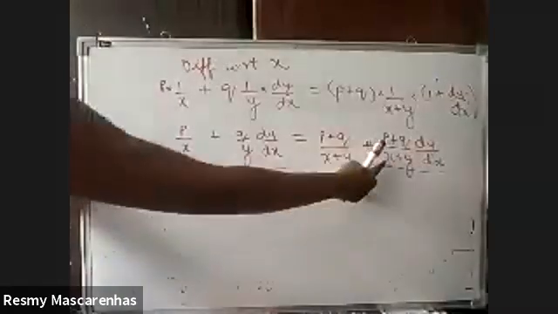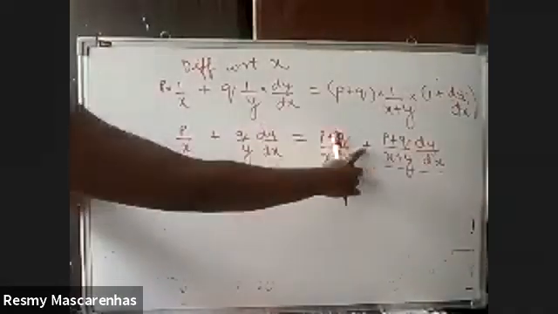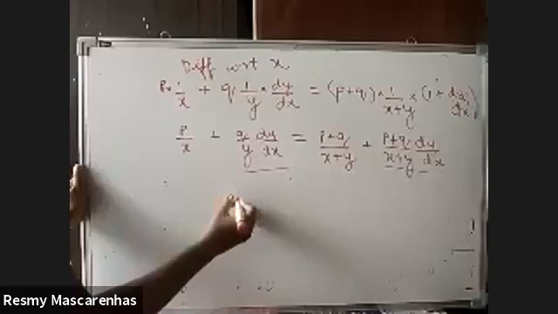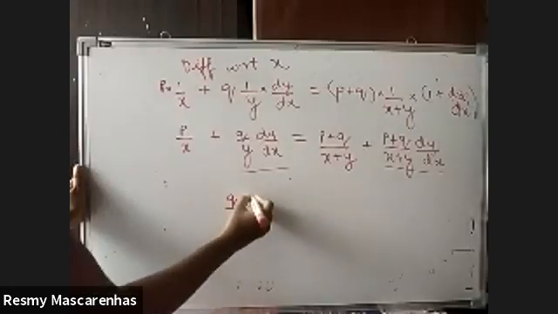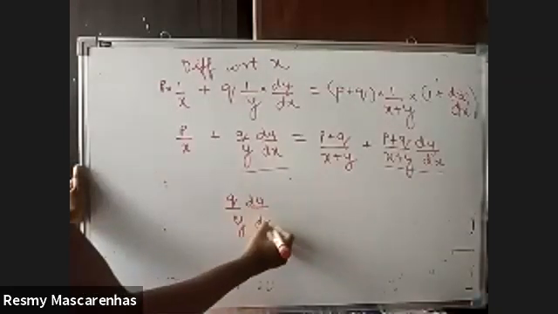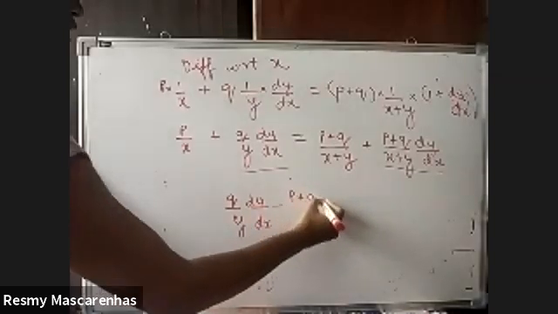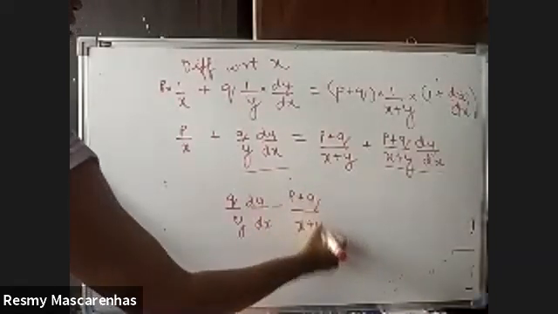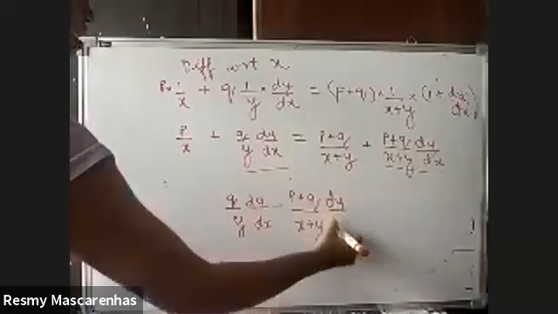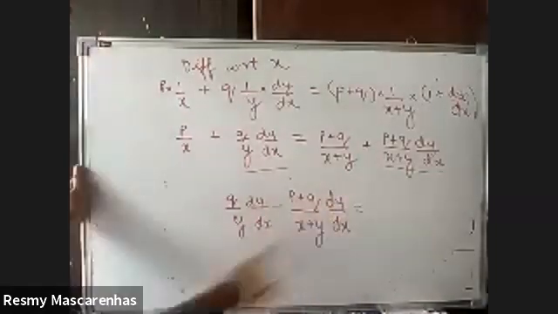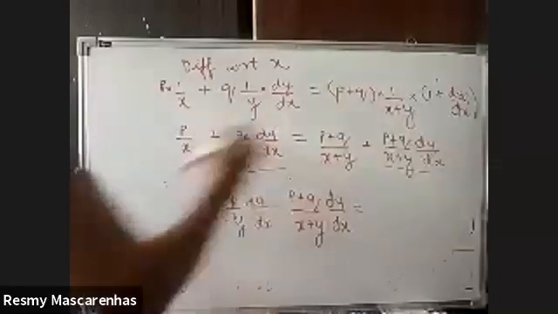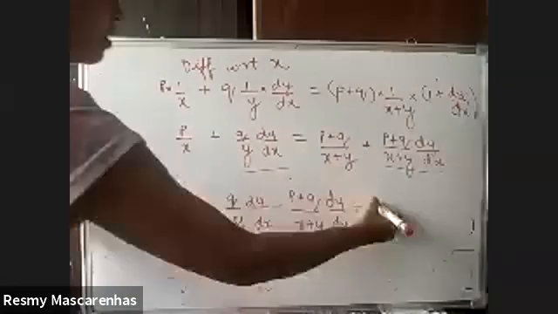So this dy by dx term I am bringing to this side, so plus will become minus. I brought this to this side and this I'm taking on the other side.